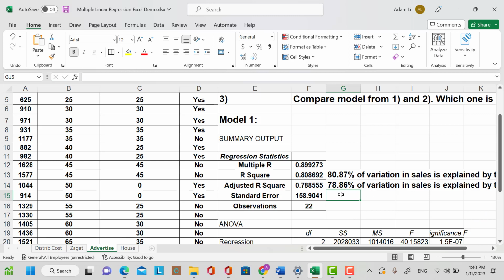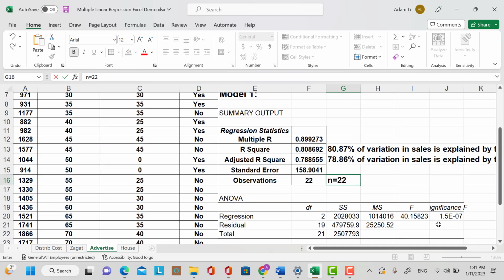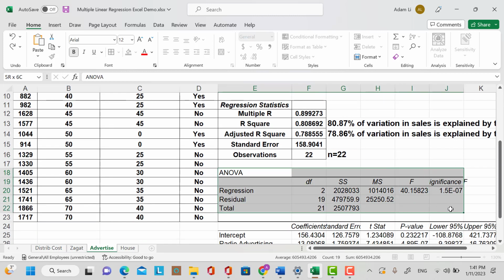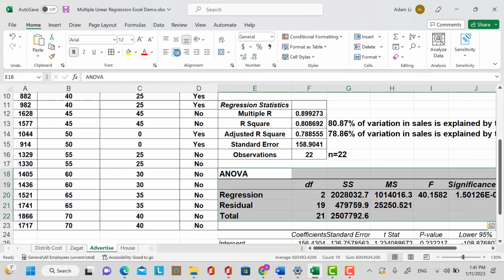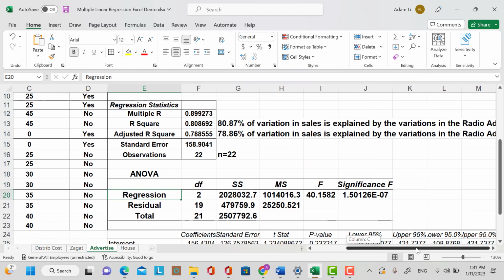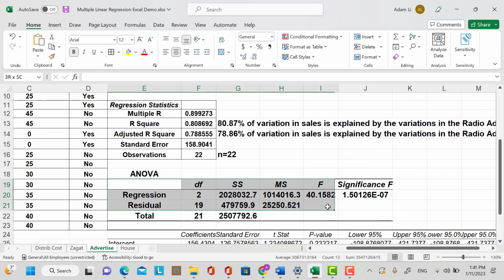Now the standard error between the dependent variable y and both independent variables x is 158.99041. The sample size here is 22, 22 sales numbers. And then in our ANOVA outputs, let's quickly analyze the ANOVA outputs. ANOVA output gives us the overall model.